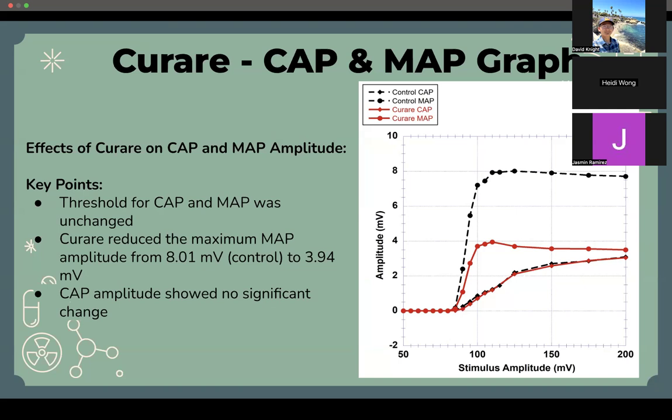The CAP amplitude representing the nerve action potentials showed no significant change as Curare primarily affects the neuromuscular junction rather than the nerve conduction because the drug was dripped onto the muscle rather than the sciatic nerve.